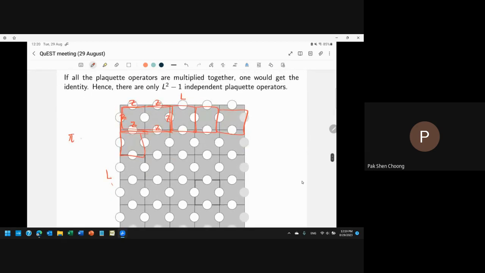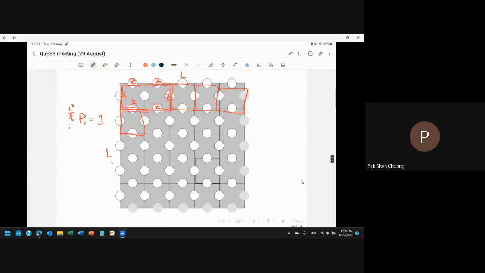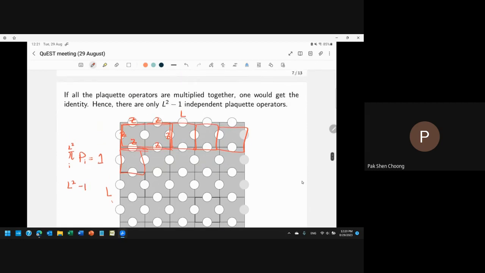Let's say P is your plaquette operators, and you multiply all your plaquette operators, and it actually becomes identity because you already cover your whole lattice. So the L squared plaquette operators are actually not independent. If you want to make them independent, then you just minus 1. So over here you have L squared minus 1 independent plaquette operators.